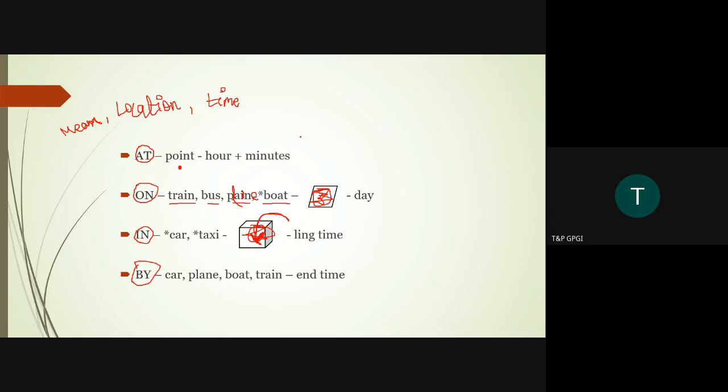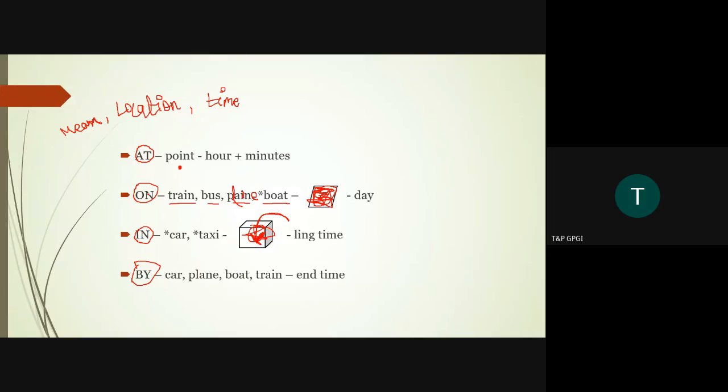Now moving on to on. When we talk about on, we talk about days. So days is like again a carpet. Like imagine there are 24 hours, 1, 2, 3, 4, 5, 6, 7, 8, 9, 10, 11, 12, and goes till 24. It covers this entire space. So days, we'll use on for days. For example, on Monday, on Tuesday. And if you're confused, I've told you how to think.